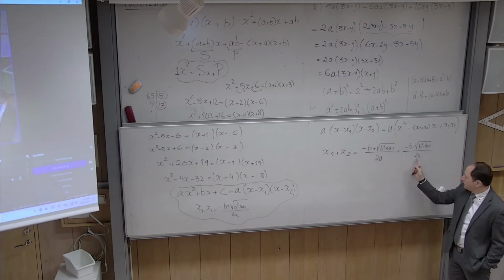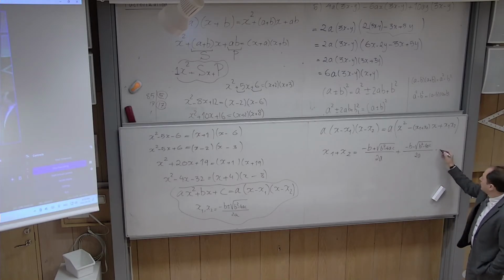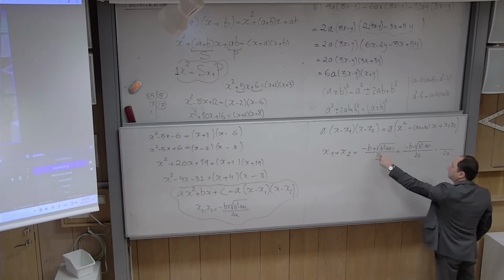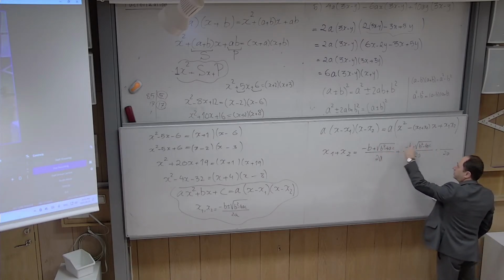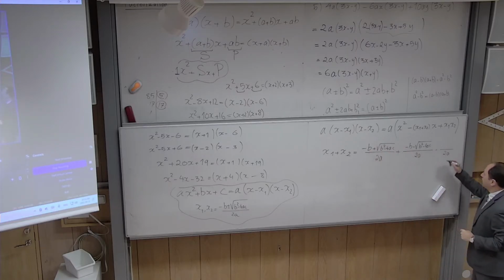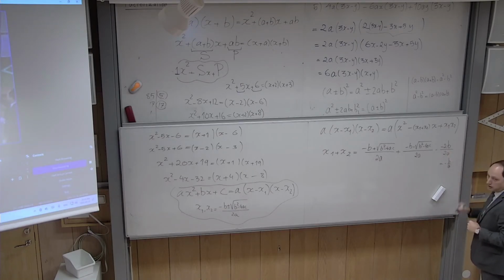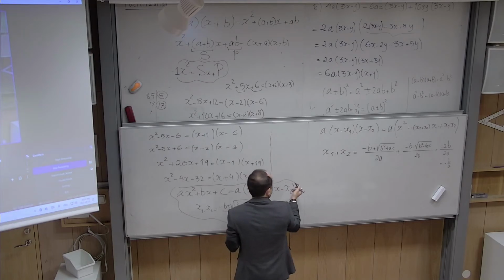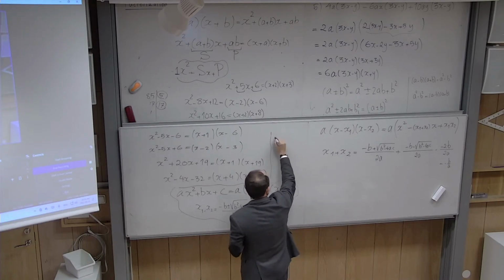And the denominators are the same, fortunately. So I write 2a, and then I start adding the numerator to the numerator. This part and that part are gone. I have minus b, which becomes minus 2b. But then this 2 and 2 can be simplified, so it's just minus b over a. So it's a very good relation. In every education system I have seen, this is part of the lesson. But anyway, let me just write it down for you here.